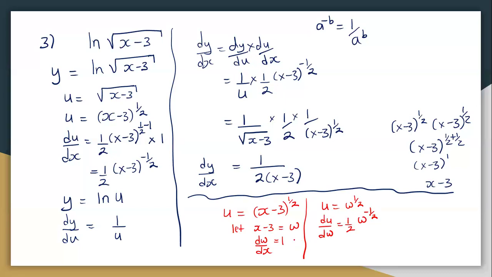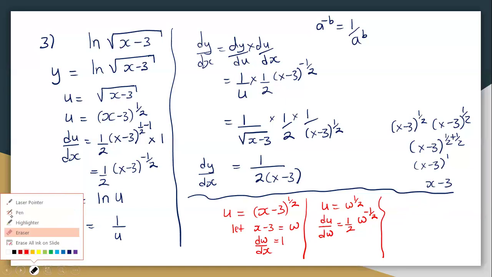When I go back to use my chain rule, since I'm dealing with u and x, I have to use those.